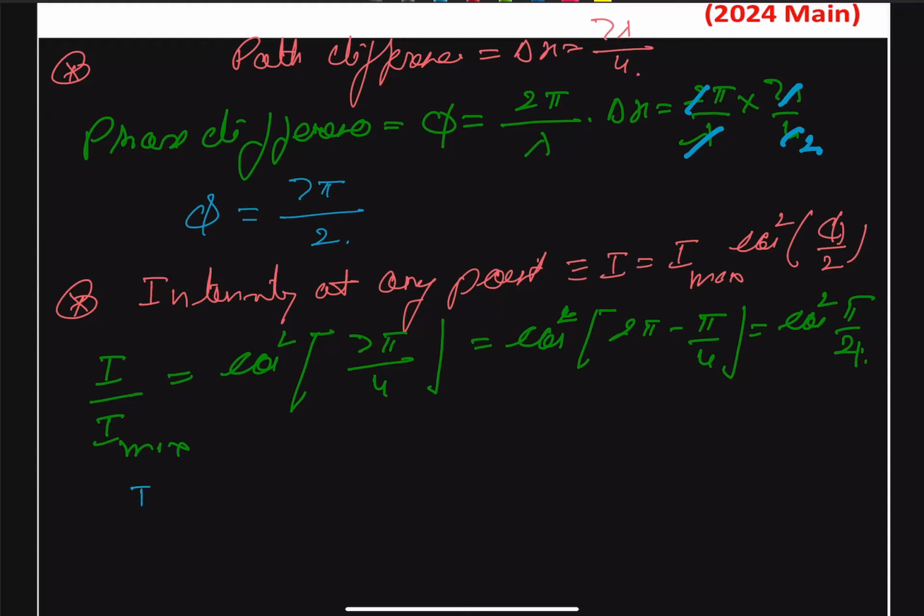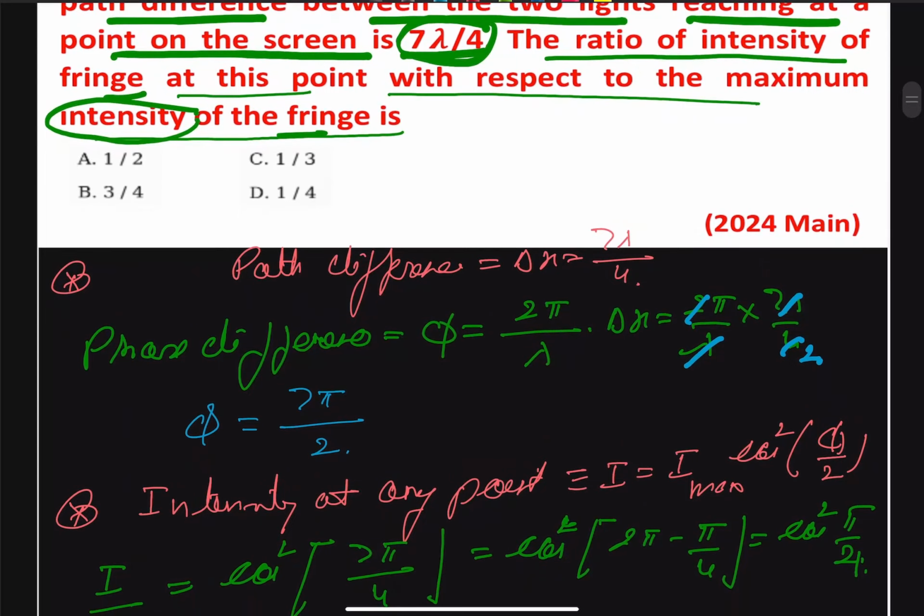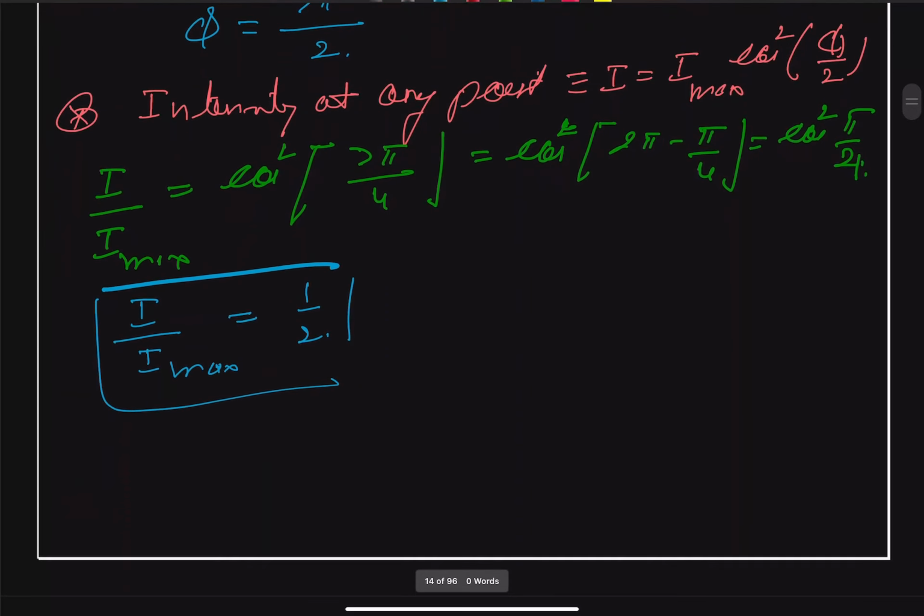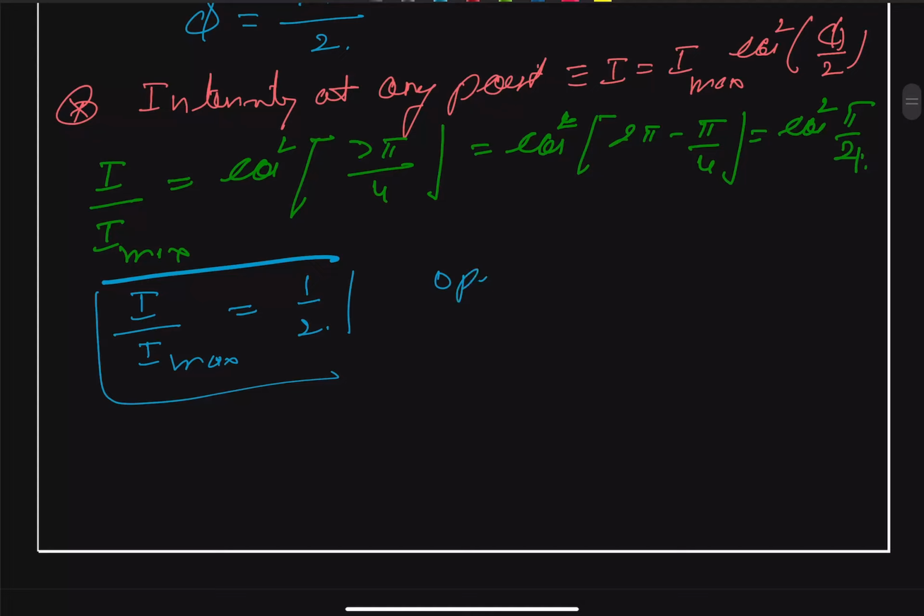So we get I upon I max equal to 1 by 2. So option A is the correct one.